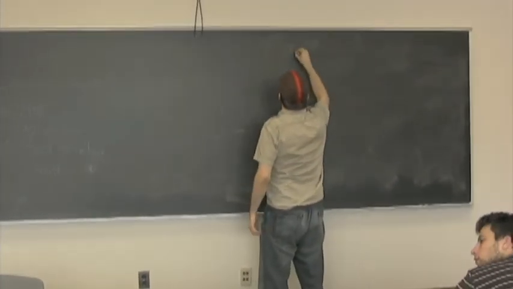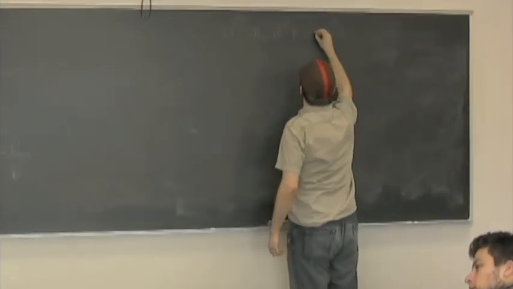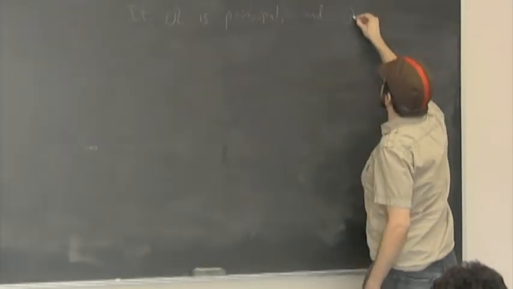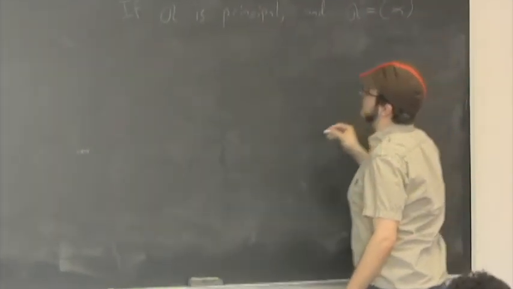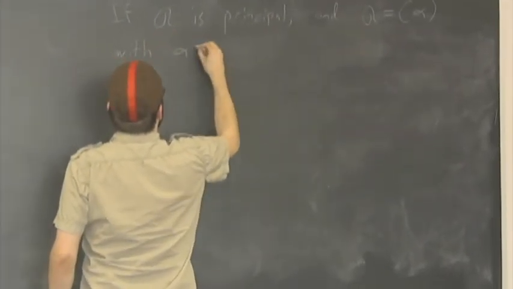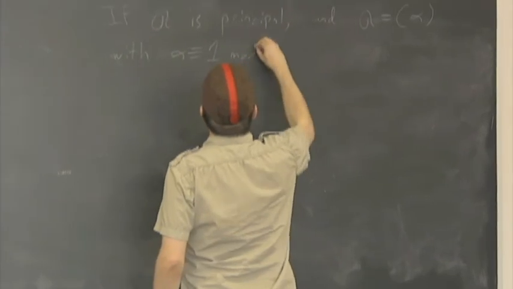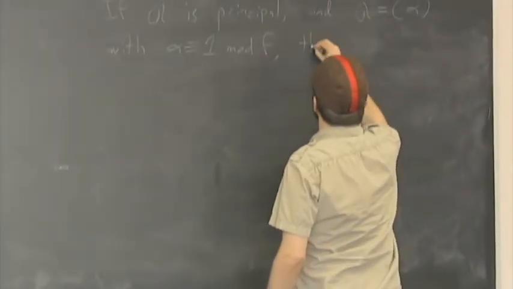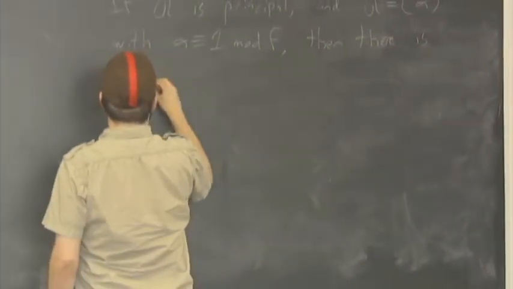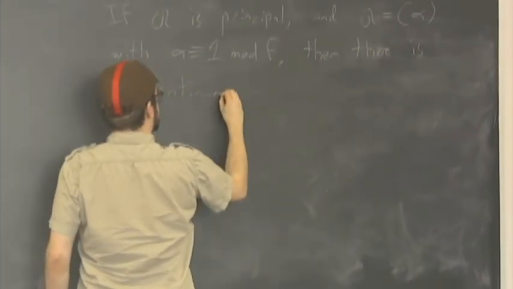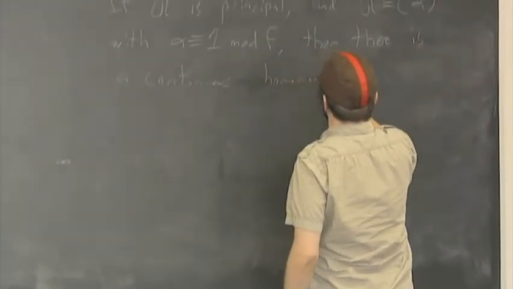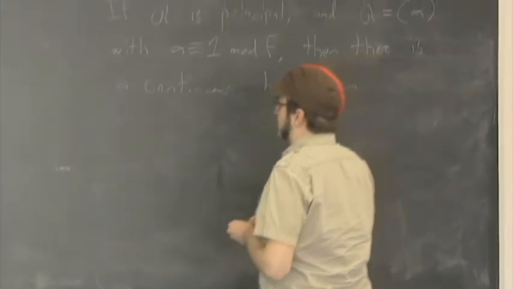If A is principal, and furthermore the generator alpha is equivalent to 1 modulo the conductor, then there is a continuous map, a homomorphism, that I'll call psi infinity.